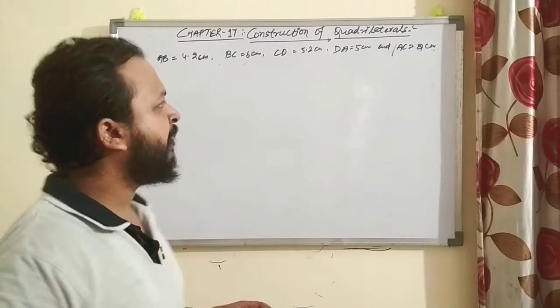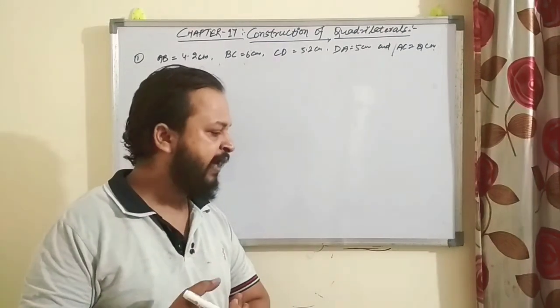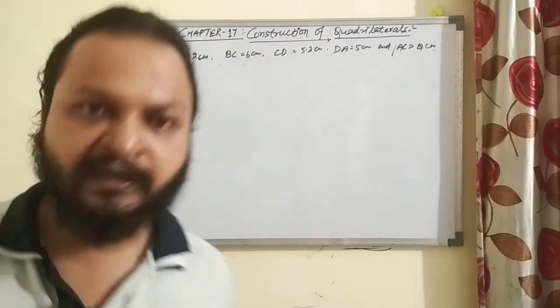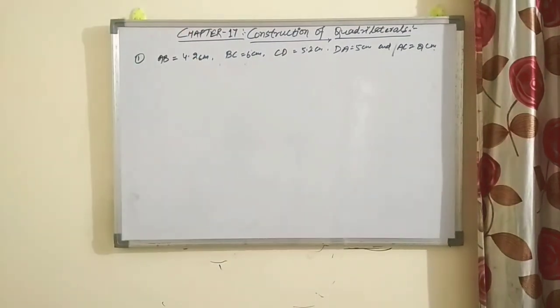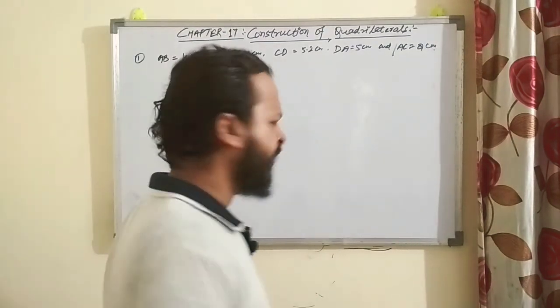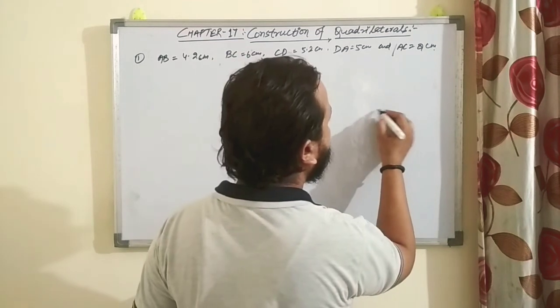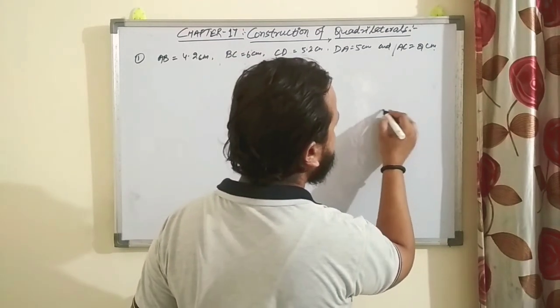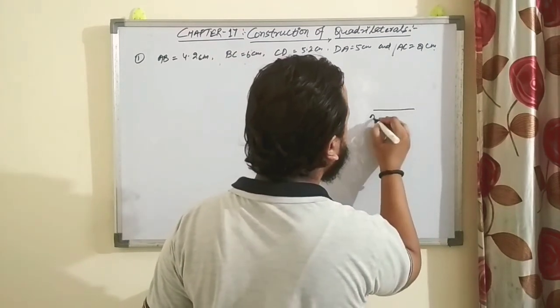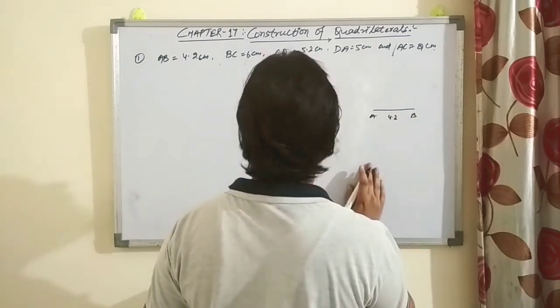If you are going to construct any quadrilateral, what you have to understand is first draw the sketch diagram, or rough diagram, you can say. A quadrilateral is a 4-sided closed figure. This is AB, the length of AB is 4.2 centimeter.